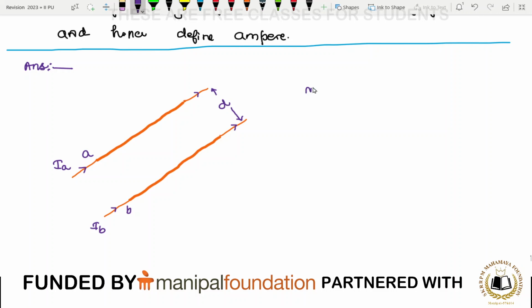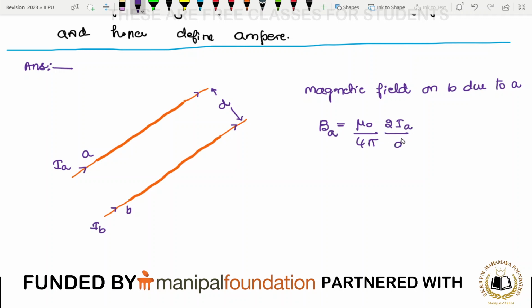So, the magnetic field on the second conductor B due to the first conductor. Because the first conductor carries current IA, that produces a magnetic field on B, and because it is parallel, it remains the same throughout conductor B. That magnetic field I'll write as BA equal to mu naught by 4 pi, 2 times IA divided by d.